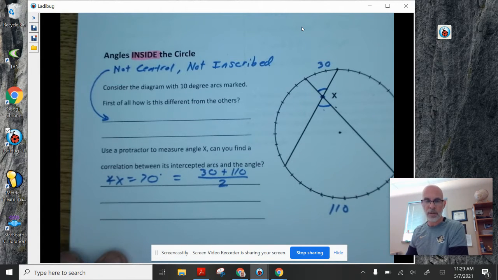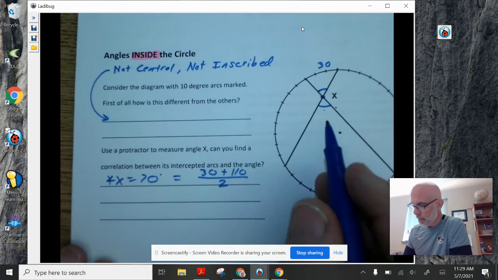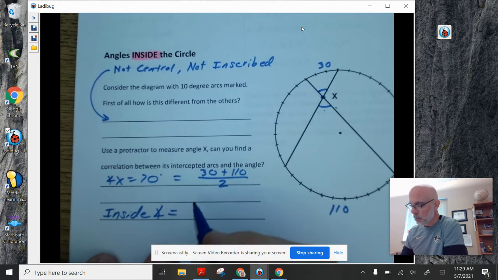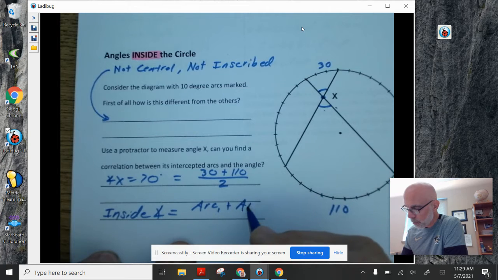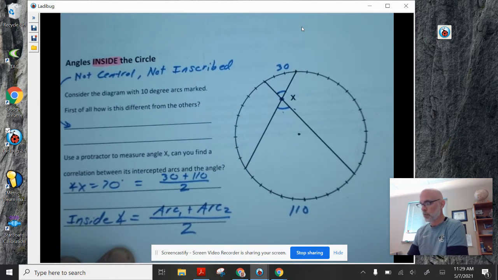That is the relationship. And so we say, the rule is to find an inside angle, it equals arc 1 plus arc 2 divided by 2. It's the average. So that's the rule.